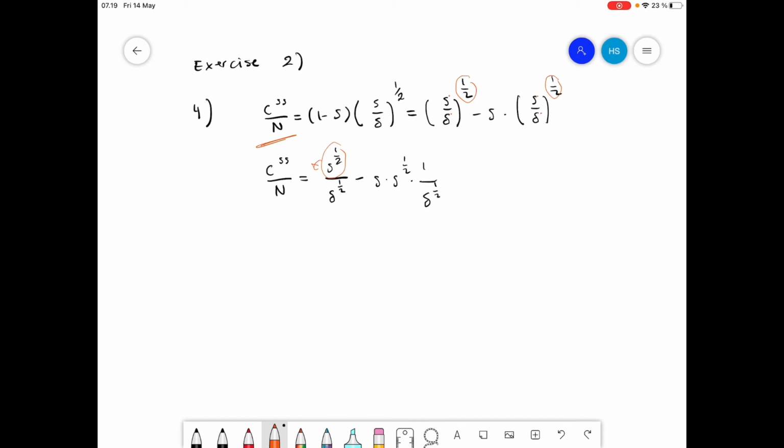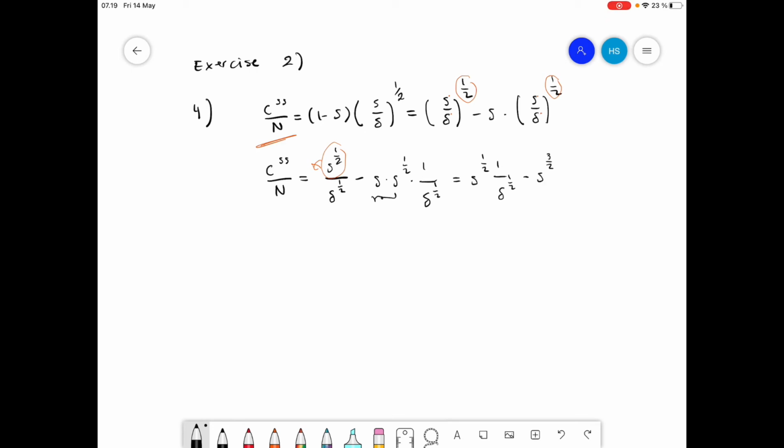I can also drag down the savings rate here in front of the fraction. So we can write s to the power of 1/2 times 1 over delta to the power of 1/2 minus s times s to the power of 1/2.